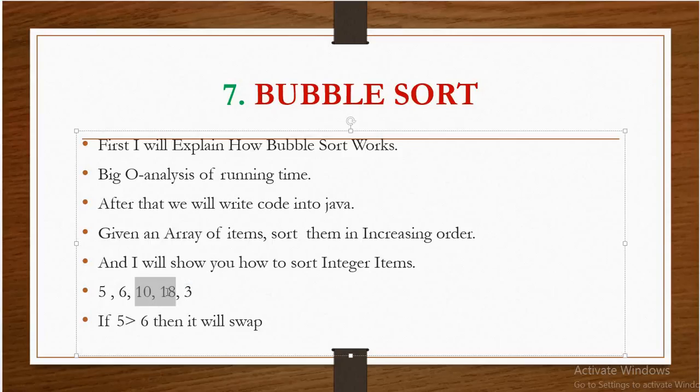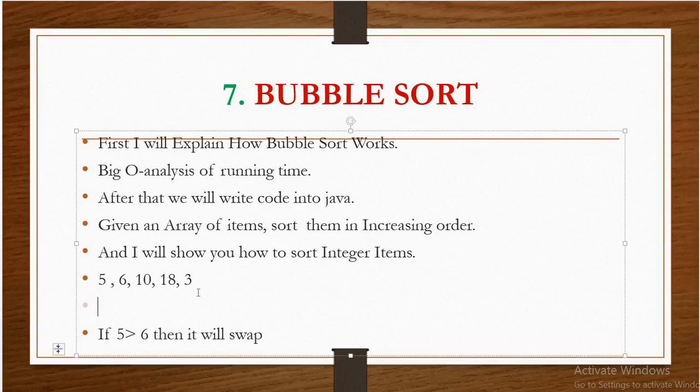Now 10 with 18, like this, at each step we have to check. 10 is also smaller, so no need to swap. After that 18, 3. 18 is greater than 3, so here our numbers will be swapped and our new list will be like this: 5, 6, 10, and 3 and 18 will be swapped and the order will be like this.